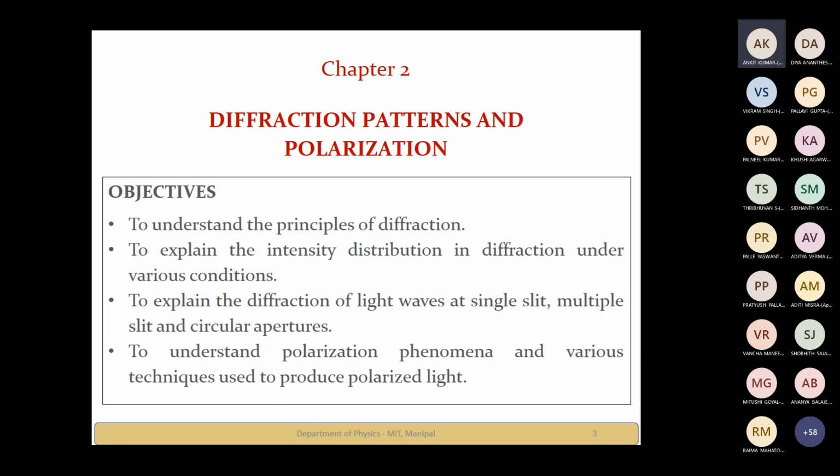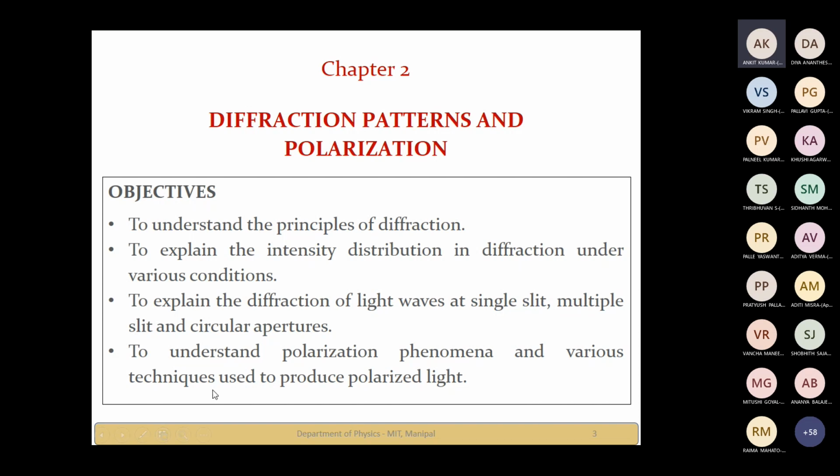Another objective is to explain the effect of diffraction of light waves at a single slit, multiple slits, and circular aperture. We will start with diffraction at one slit, then go with two slits, then with multiple slits, and finally we're going to discuss the effects of diffraction if the apertures are circular.